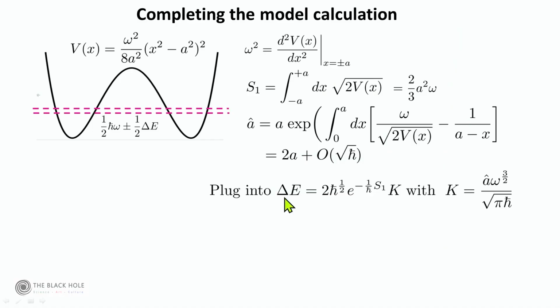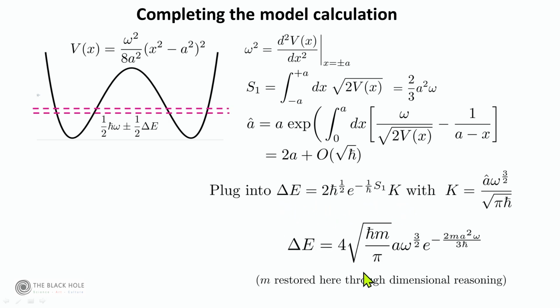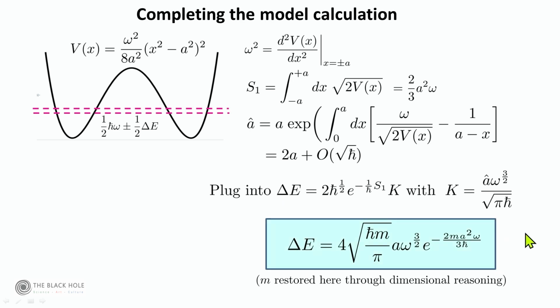Finally, put this into the formula for delta E that you saw on the previous slide. And here is our final answer. And just out of dimensional reasoning, I've put m back over here and m back over here. And this is the grand answer that we have been looking for.